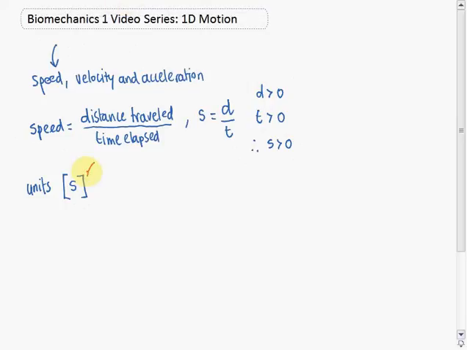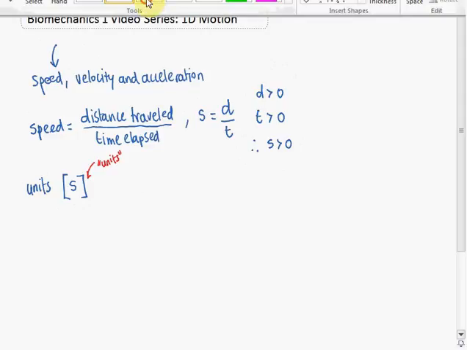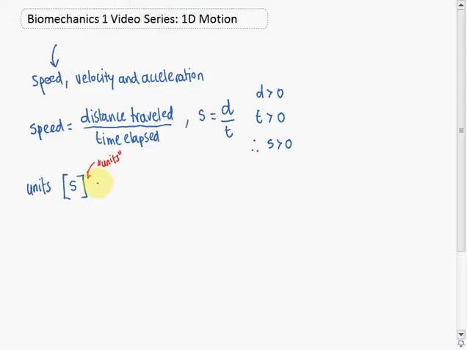So these brackets just refer to units, right? So I'm just going to put that in brackets. So in terms of speed, I'm always looking at some kind of length. Again, I'm putting brackets around it, which means I'm doing a dimensional analysis, divided by some unit of time, right?